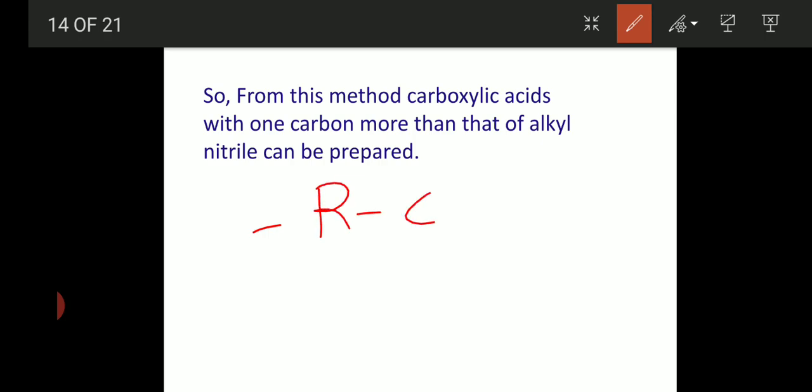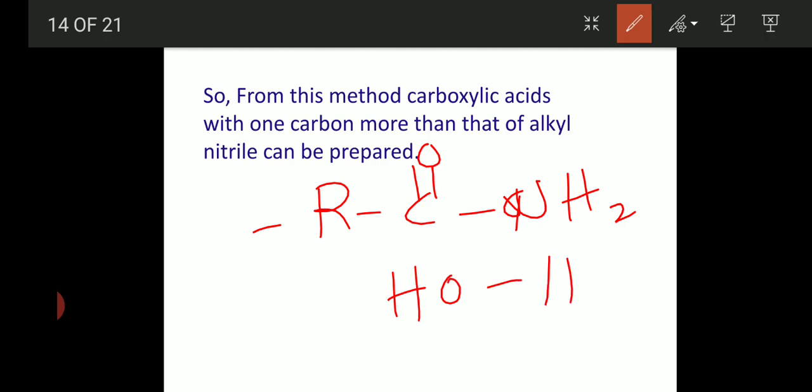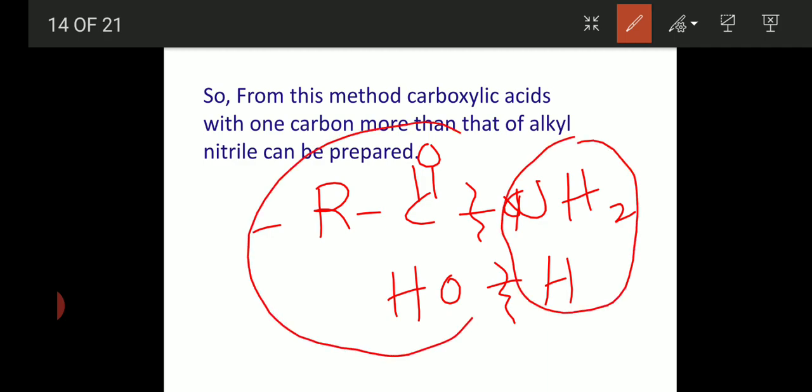For example, RCO NH2, HO and H. Now I am breaking the bond on this side. Now connecting NH3 and RCOOH. So while writing RCOOH, we should not write RCOHO. It is not like that.